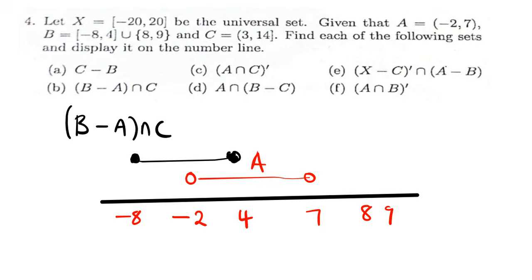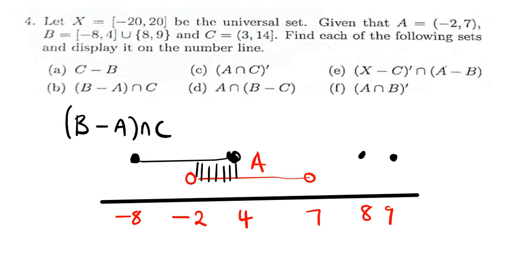And then the other part of B, we've got 8 and 9. Okay, so basically that. And then we're trying to remove A from B. So the only part that we can remove for A is that part. So what is going to remain out of B?